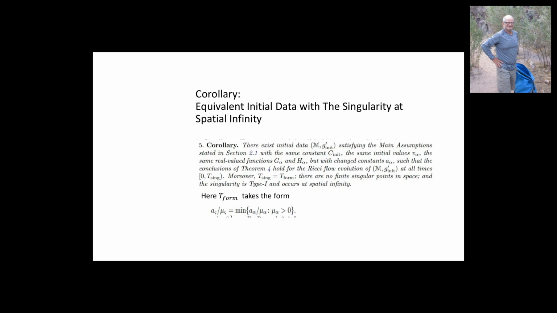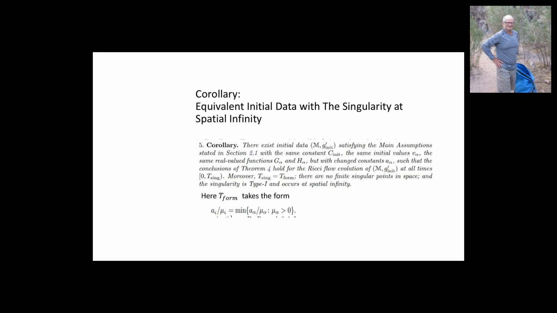So these are two versions of the same main result. But very important is the following corollary. If we take the same initial data satisfying the assumptions I said, we can find equivalent initial data such that the Ricci flow forms a singularity at spatial infinity.